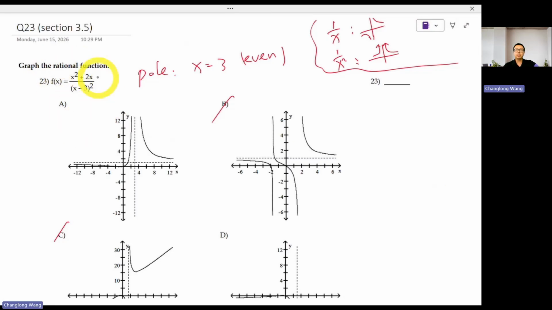Which case is it? Does this function have no HA, or an HA which is the ratio of the leading coefficients, or an HA which is as simple as y equals 0? And how do we tell which case that is? Anyone remember?